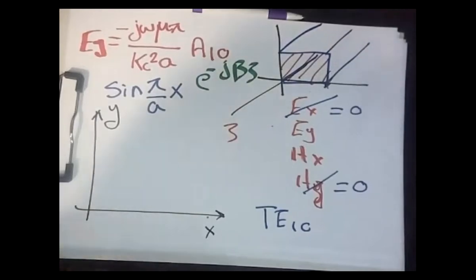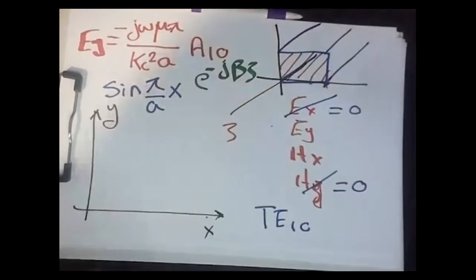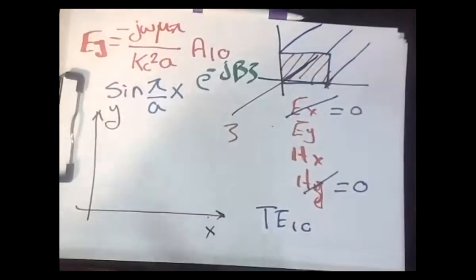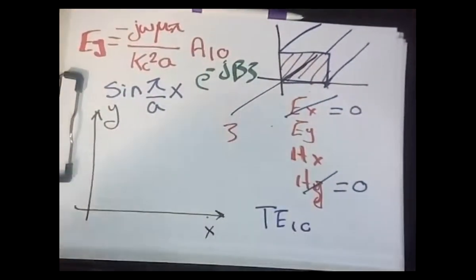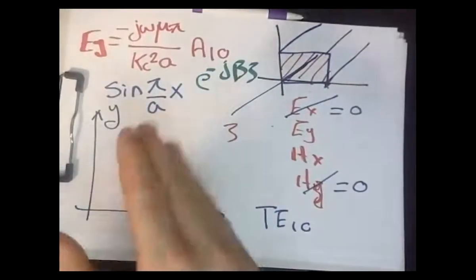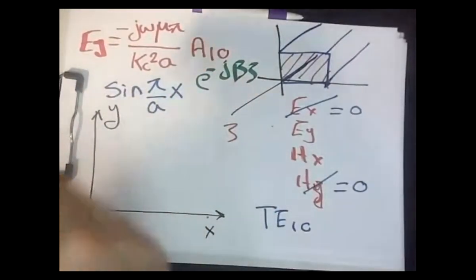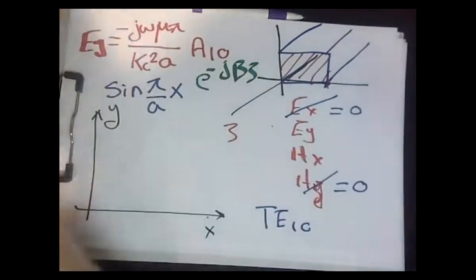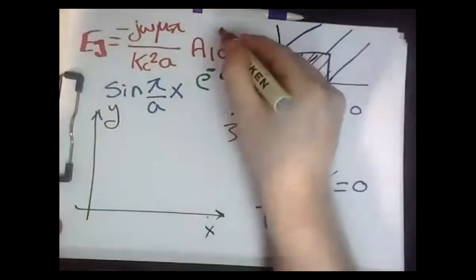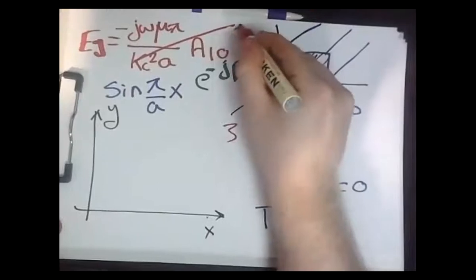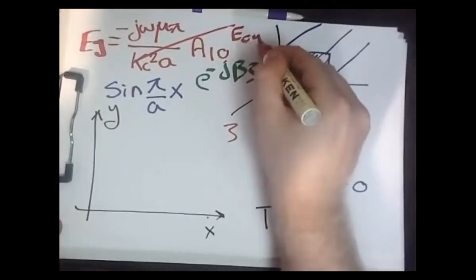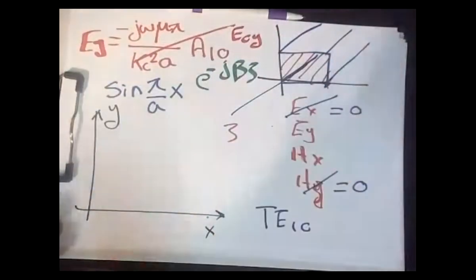For this XY plot, the red part of the equation is constant. I can call it E node, or for example E node Y, just a constant with respect to space.